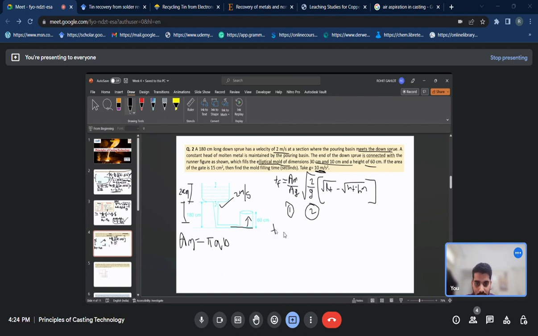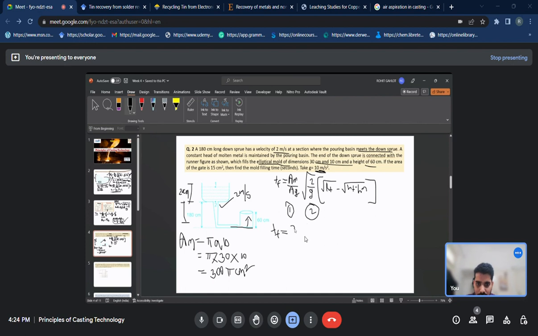So when you calculate it, T filling will be: area of the mold is pi times A into B. A and B are given as 30 and 10, so we will get 300 pi centimeter square.